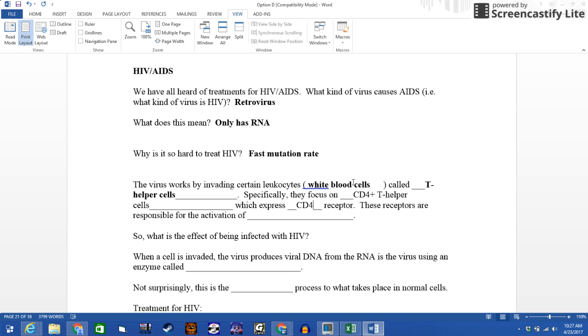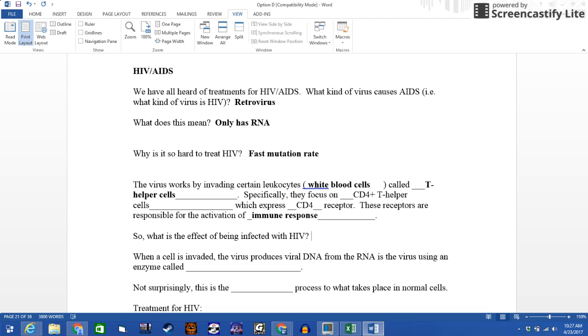These receptors are responsible for activation of the immune response, so the effect of being infected with HIV is that your immune system is affected and it can really essentially go to crap.